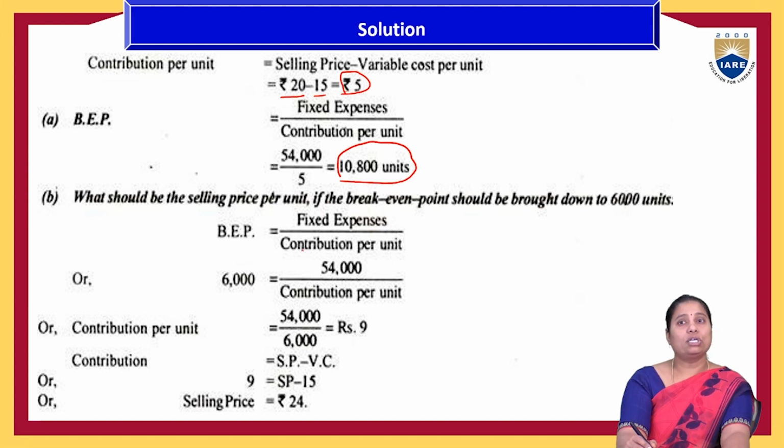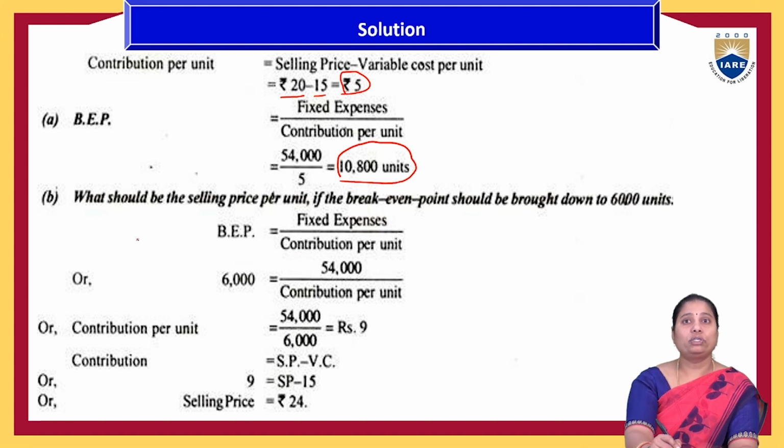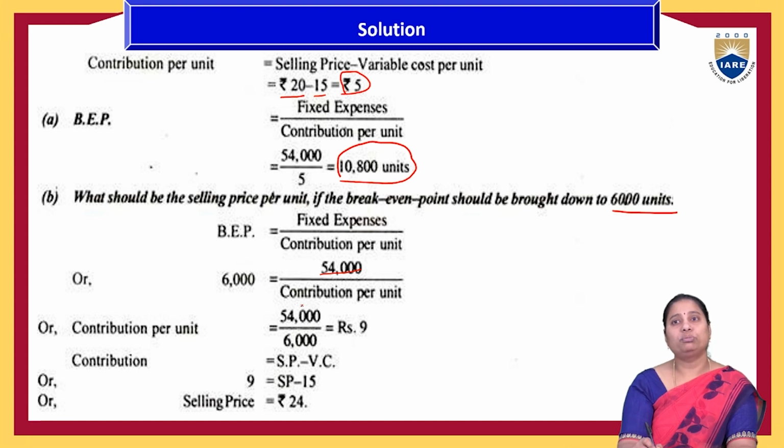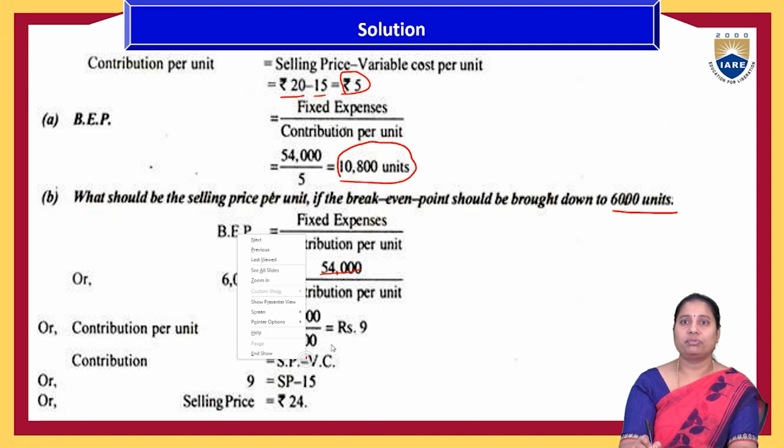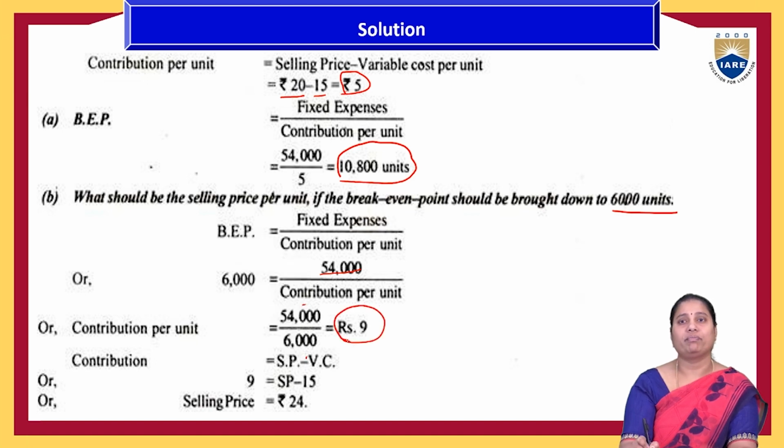Then another piece of information: what should be the selling price per unit if the break-even point should be brought down to 6,000 units? The fixed expenses are 54,000, so the contribution per unit will become 54,000 divided by 6,000, that means 9 rupees.